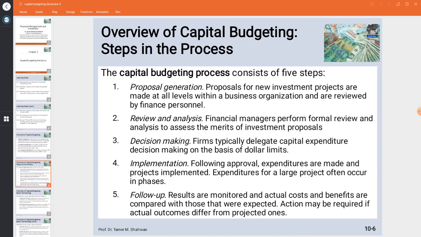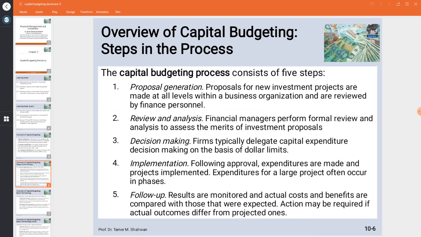If you have a new investment opportunity, you must prepare a proposal for such an investment. Then the second step of the capital budgeting process is to review and analyze each one of those proposals to assess the merits of the investment proposals.